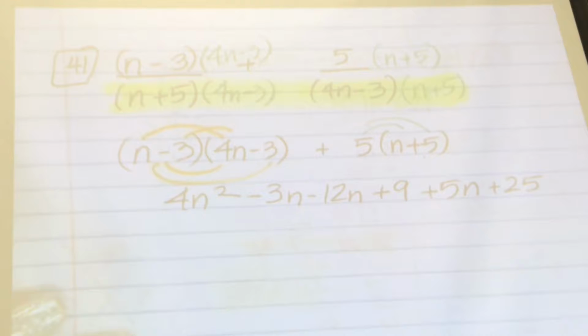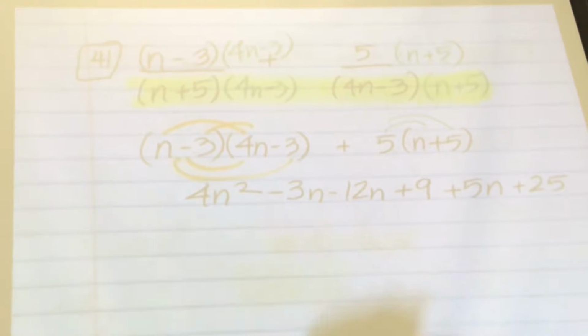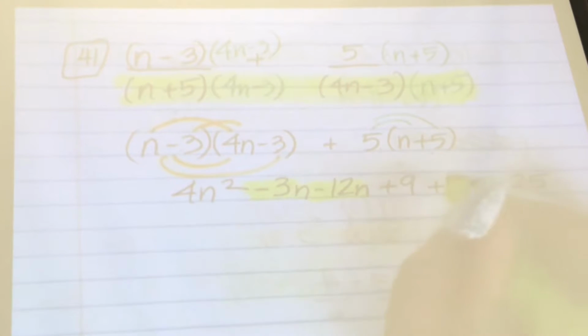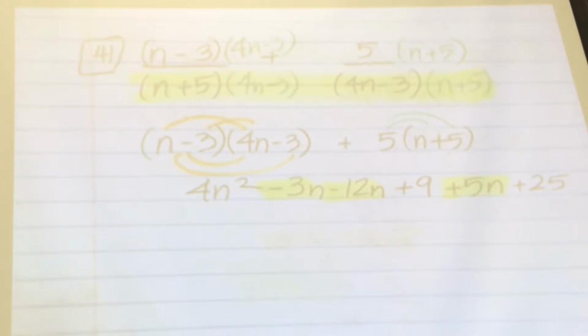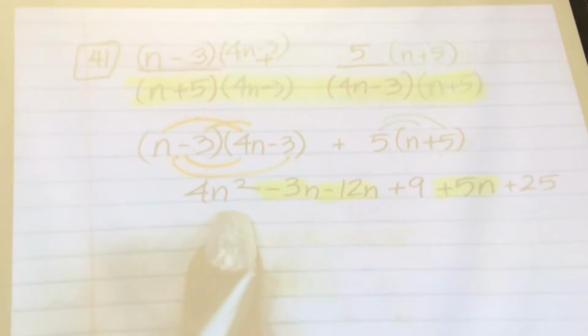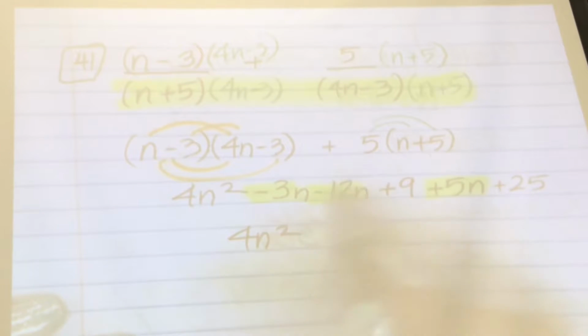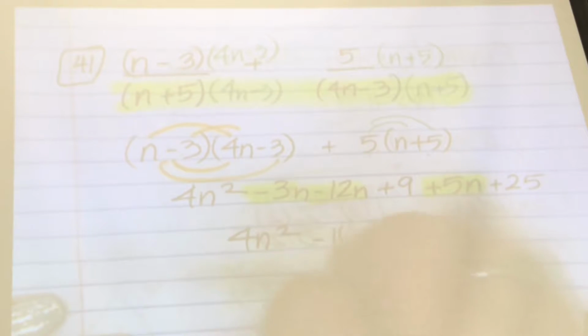So now let's clean it up. We're going to combine like terms. It looks like we have negative 3n and a negative 12n and a positive 5n. We're going to have to combine all of those. There's no more n squared terms, so it's just 4n squared. Negative 3n and a negative 12n, that's negative 15n. Negative 15 plus a 5, that's negative 10n.